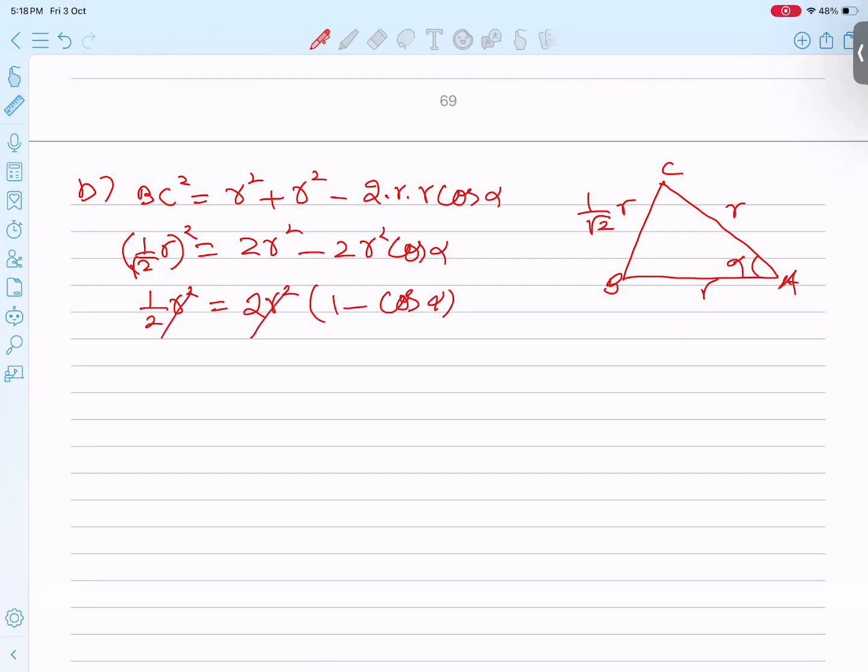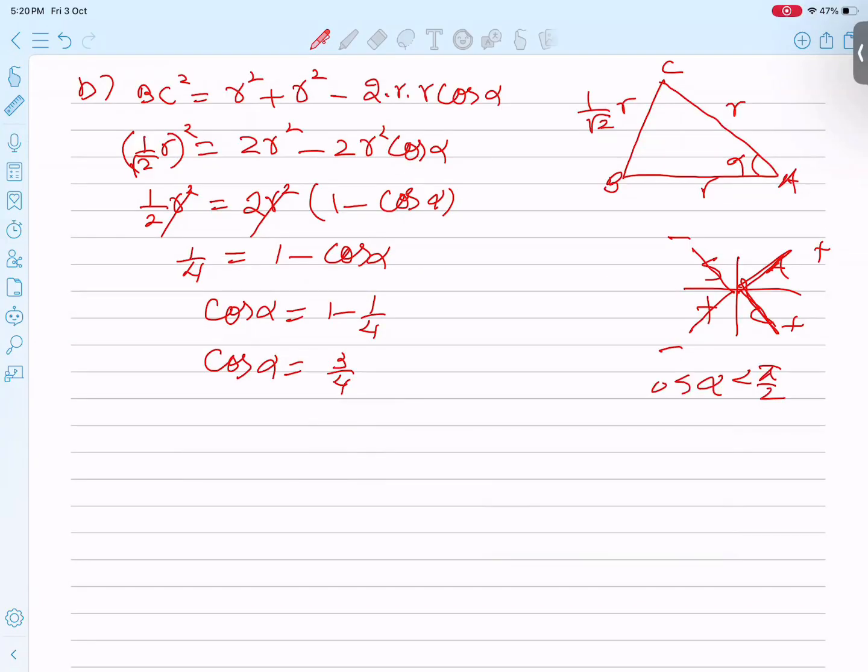R squared cancels, and the 2 goes down and becomes 4. So 1 minus cos alpha equals 1 over 4. If I take the cos inverse, cos inverse of 3 over 4, I get alpha as 0.7227. It's a long number, so I keep it for accuracy.